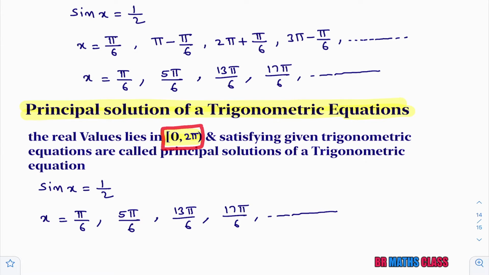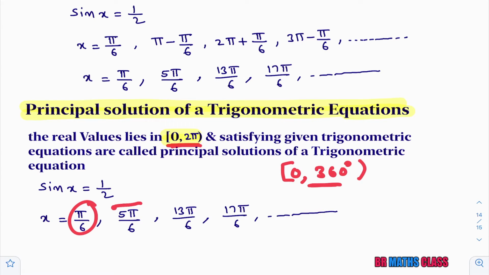Now in this, what values lie in this interval satisfying this equation? You take pi by 6. Pi by 6 is 30 degrees. 30 degrees satisfies this equation, and this 30 degrees lies in this interval? Yes, 30 degrees is there in between 0 and 360 degrees. So 30 degrees is the principal solution of given trigonometric equation.